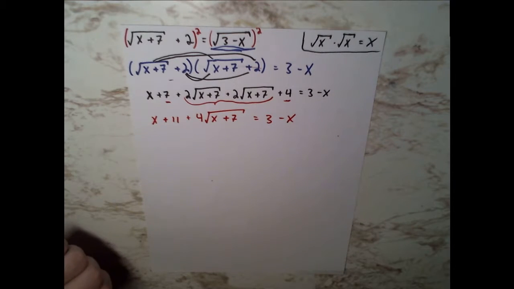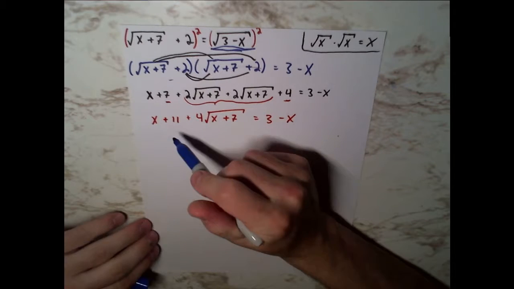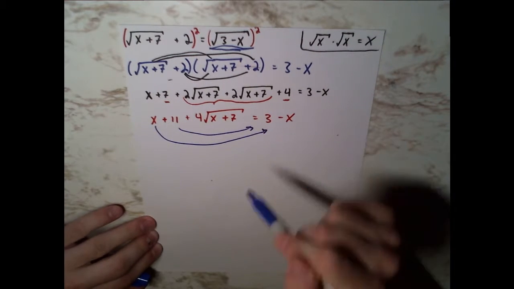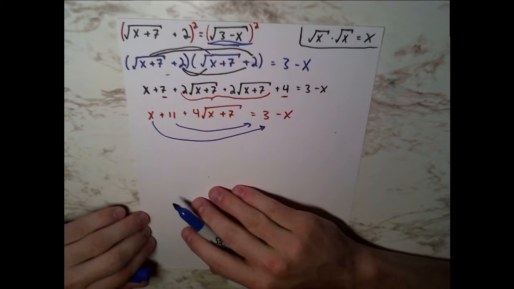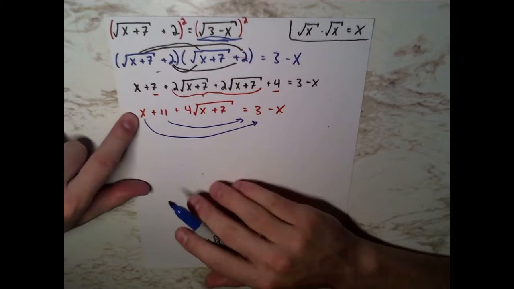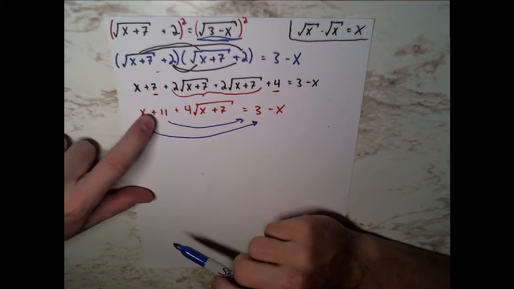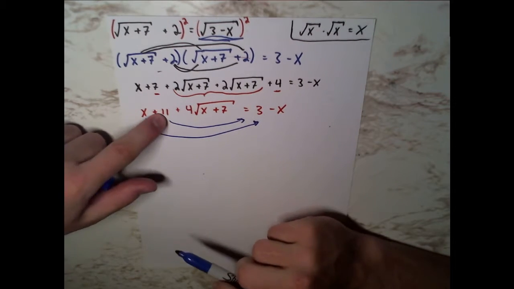I'm going to now move these two terms over onto the other side of the equation, just so that I end up with my root all by itself. So I'm going to have to subtract x, and I'm going to have to subtract 11.